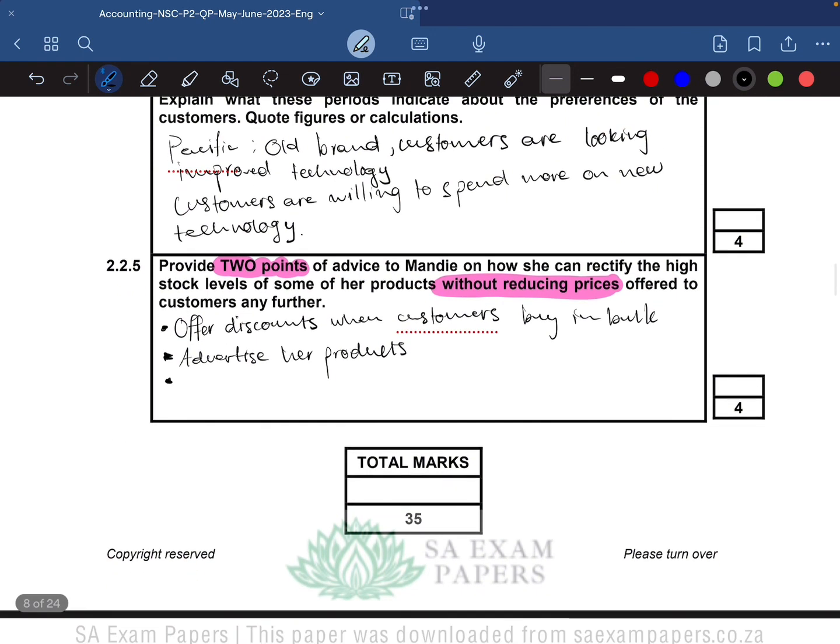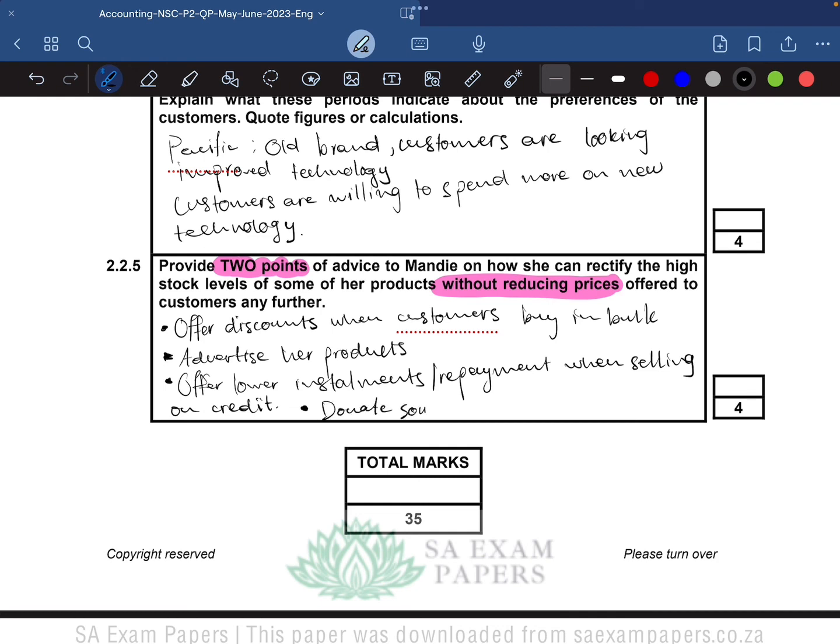So she could offer lower installments or repayments when selling on credit, although they didn't say anything about credit, so we're just assuming she does sell on credit. And lastly, she could also donate to decrease her tax. So donate some stock for tax purposes.